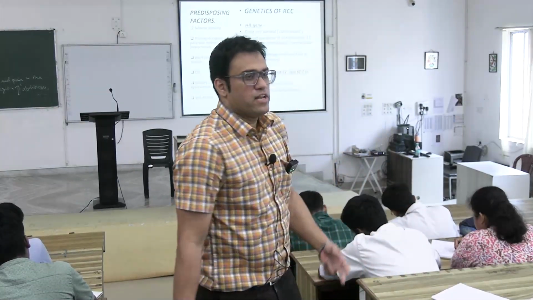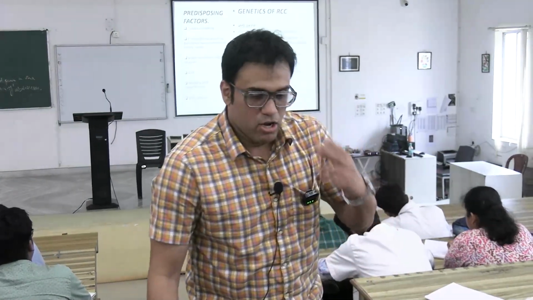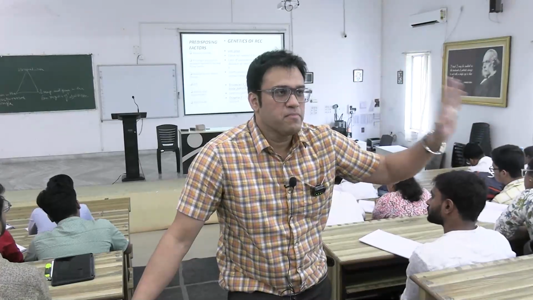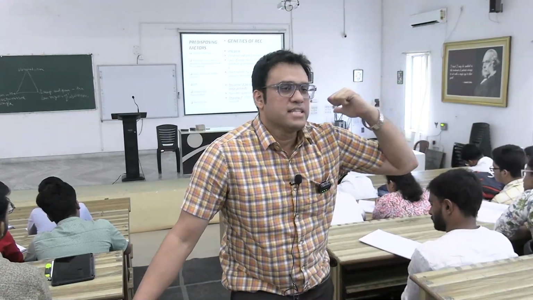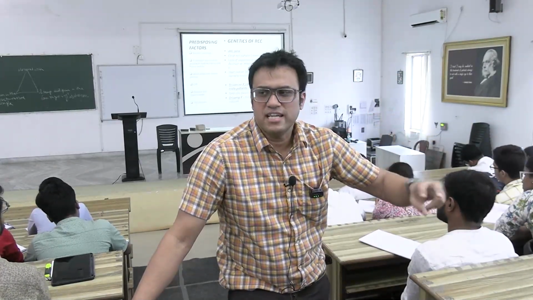Obviously, loss of Y will be seen only in males because women don't have a Y chromosome. Trisomy 7, 16, 17 and loss of Y in male is seen more commonly in the papillary variant or the chromophil variant.